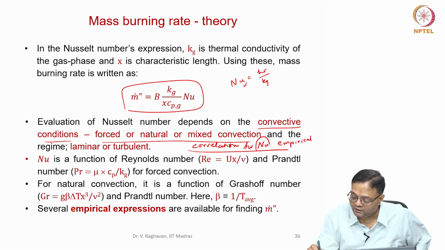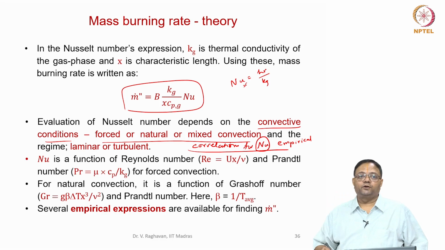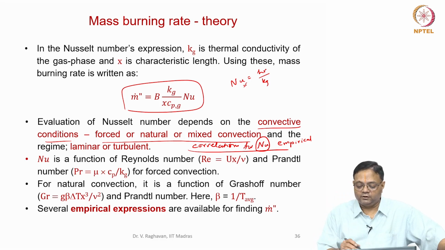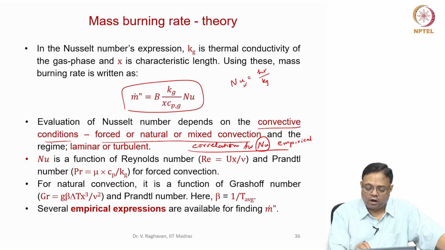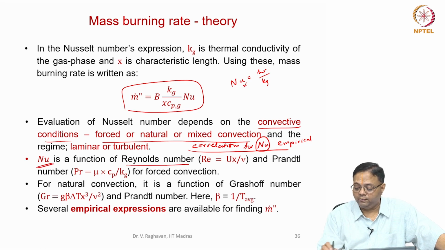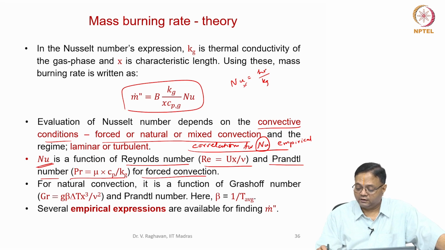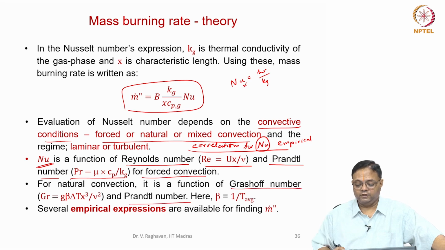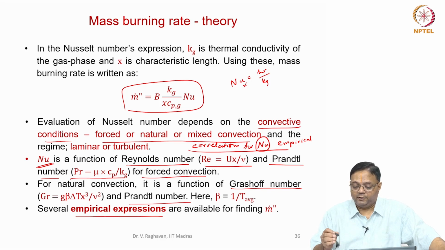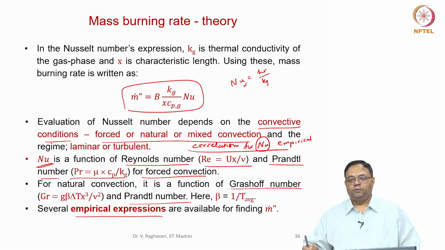The Nusselt number correlations for the fire scenario will be used, and normally the Nusselt number is correlated to Reynolds number and Prandtl number for forced convection, and the Grashof number and Prandtl number for natural convection. However, the expressions will be empirical in nature depending upon the laminar or turbulent regime.